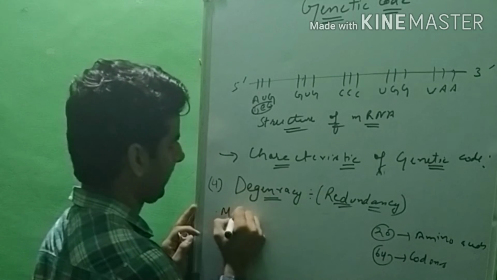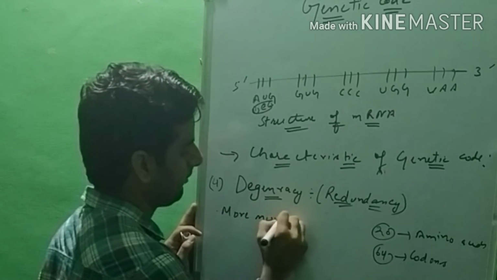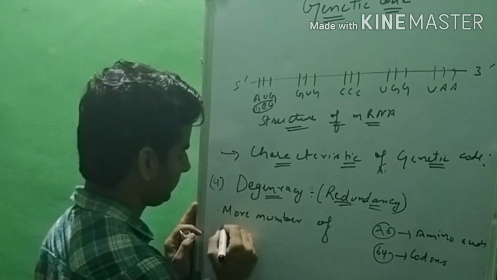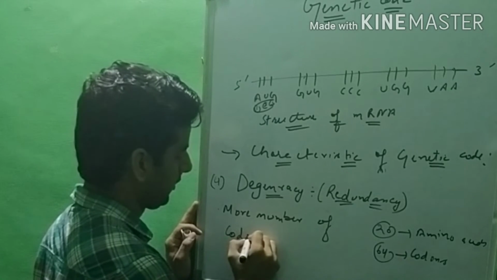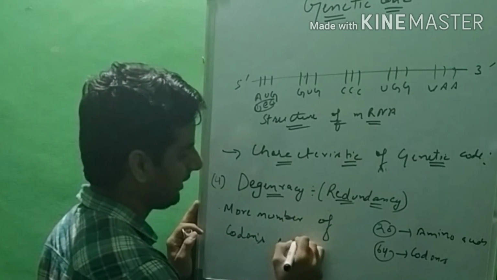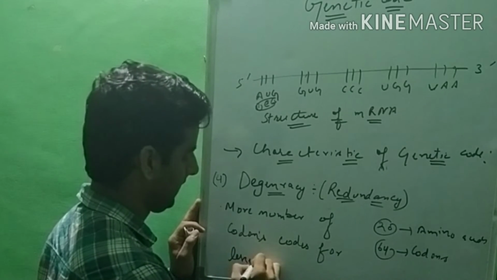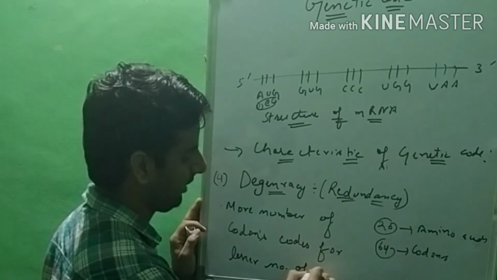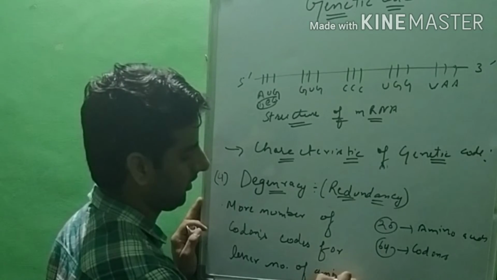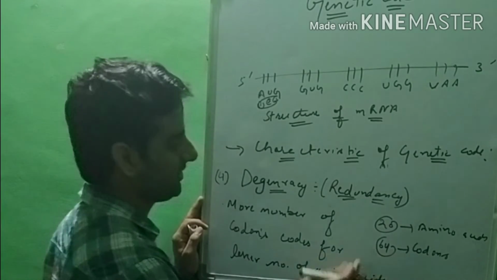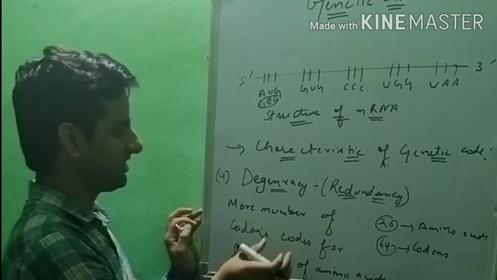Thus we can say that more codons code for a lesser number of amino acids, so the genetic code is degenerate. This feature of the genetic code is called degeneracy.